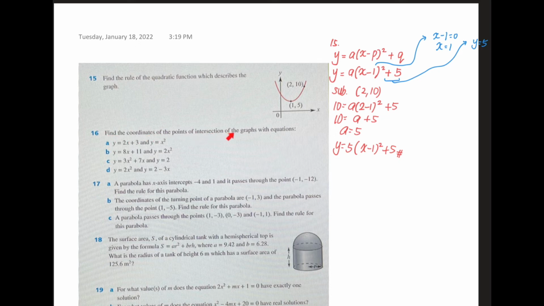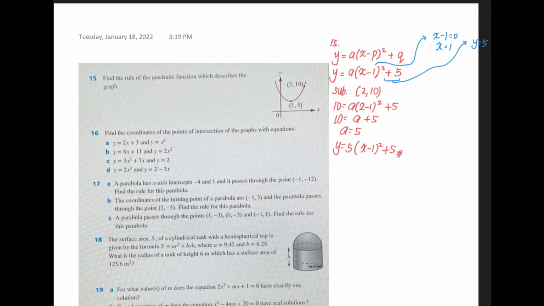Question 16. Find the coordinates of the points of intersection of the graphs with equations. Okay, so we want to find the points of intersection. They give us 2 equations.